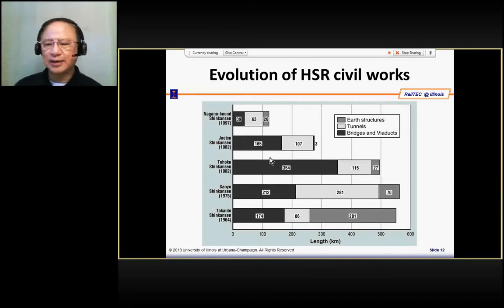And why is that? One of the main factors, of course, is that earth structure will use more land. Also, earth structure will create a separation of the land. And also the earth structure is subject to weathering and flooding, and the maintenance cost is higher.